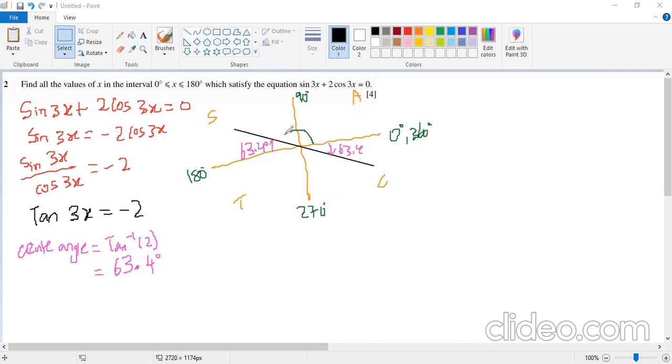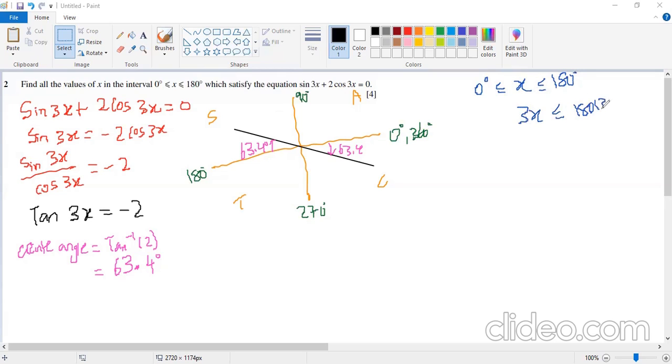So we need to calculate the two possible values if it was 360. But there is a small trick here. In this question they said only within this interval, but actually it is 3 rounds. This is a tricky one. To make things easier, 0 degrees, and 180 multiplied by 3.